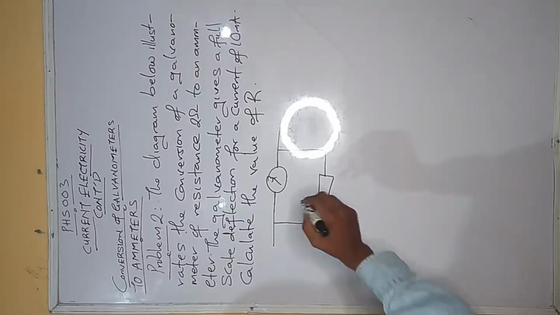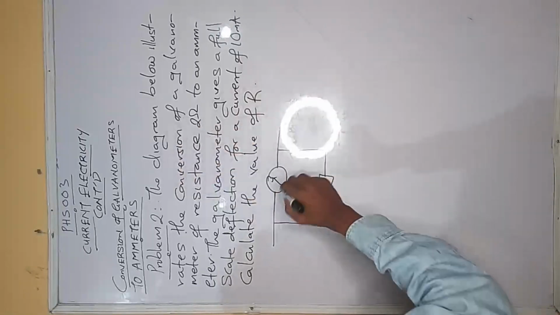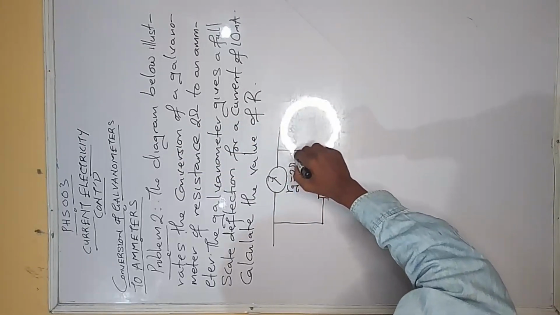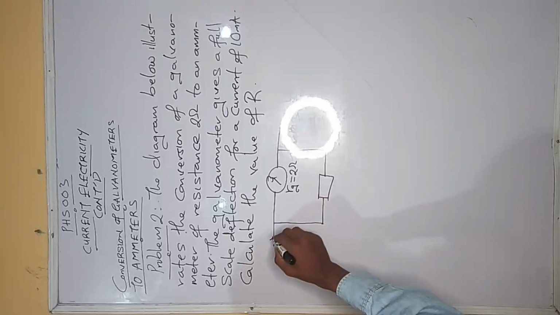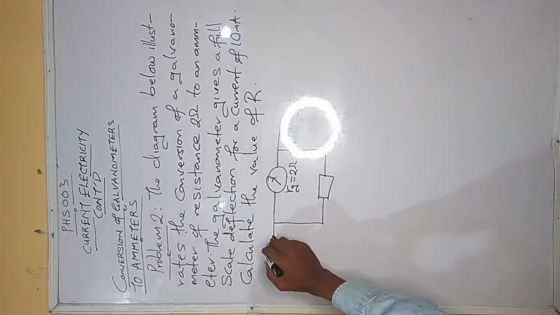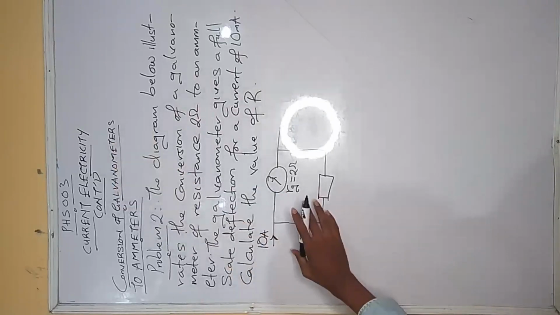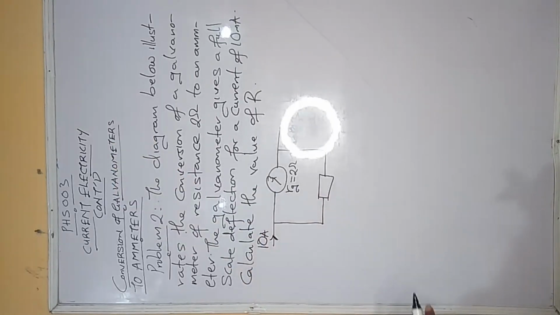And they labeled it for you already, RG, 2 ohms. Then they put your current in for you, the total current flowing. This was not stated in the question, but they put it in the diagram now for you. You understand? So that you don't get confused.